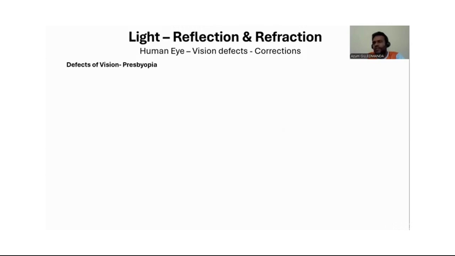When it gets weaker, the ability of our eye lens to adjust the focal length slowly decreases. So when the focal length adjustment is decreased, you will not be able to see objects from close by or even far distances.